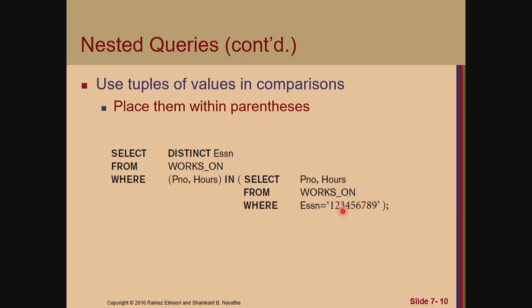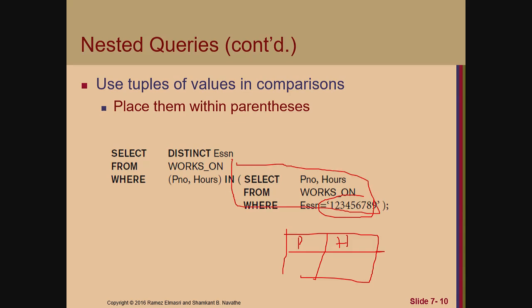The project that this employee is working on, and also the hours, right? How many hours is the employee with SSN 1, 2, 3, 4, 5, 6, 8 working on, how many? So the result becomes just two columns, P&O and hours of this man in the subquery.